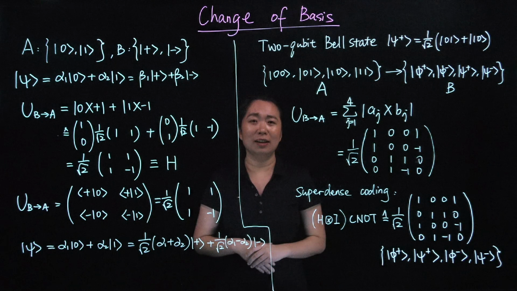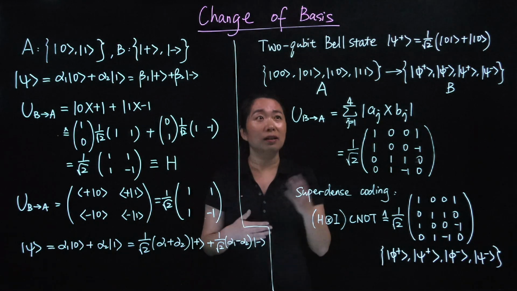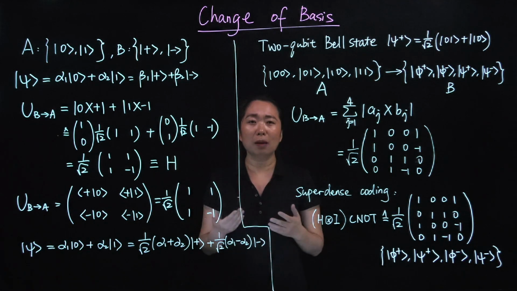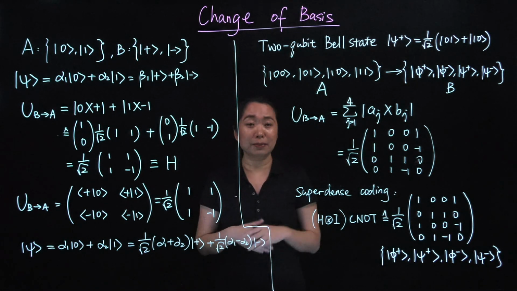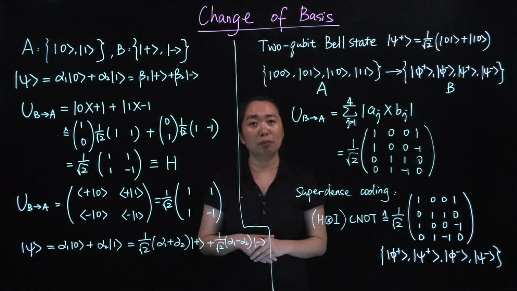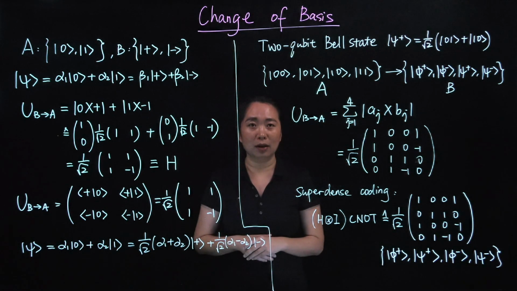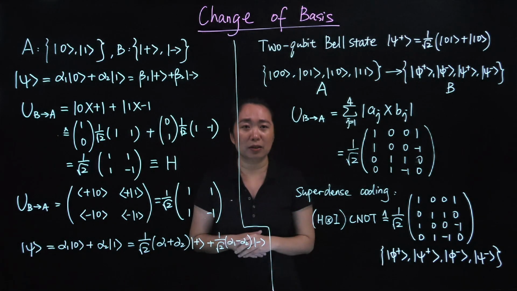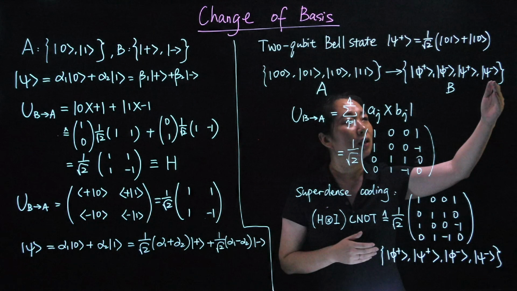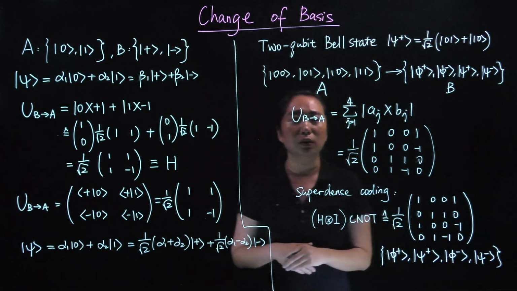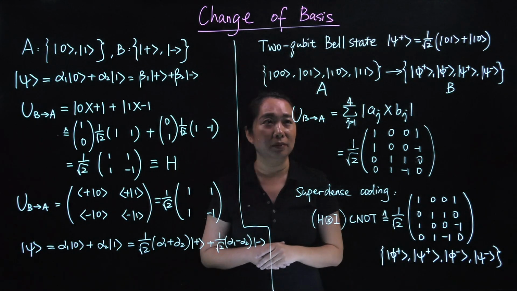Of course, not all changes of basis in a composite system can be decomposed as a tensor product of the changes of basis in its subsystems. In fact, most of the basis transformations cannot be done this way. Let's take the Bell states, for example. We have seen that this Bell basis is also a good basis for the 2-qubit system.